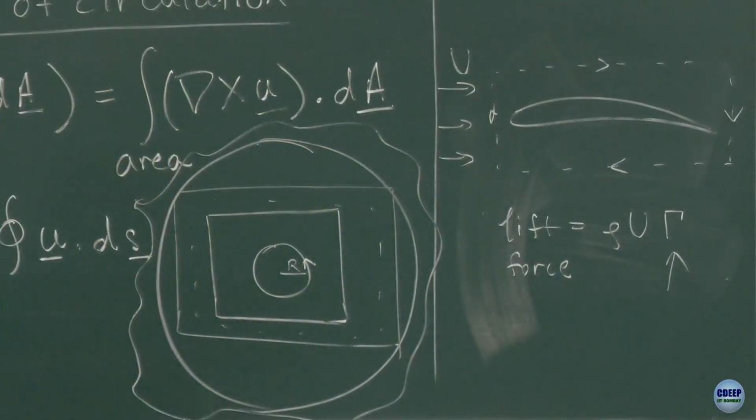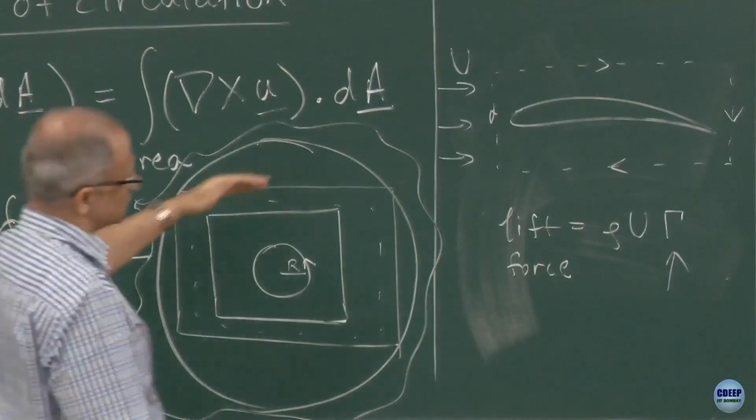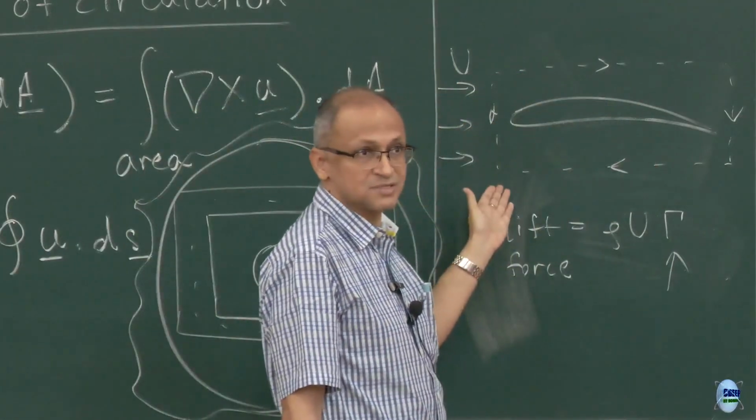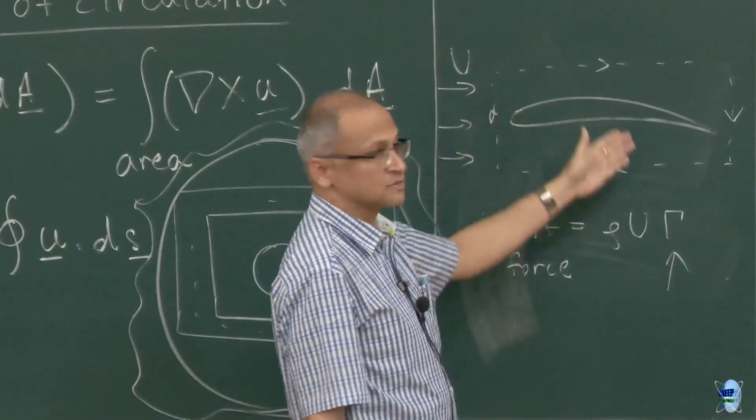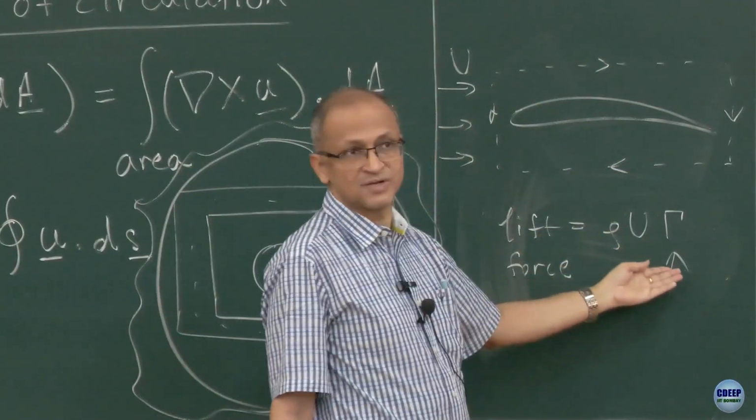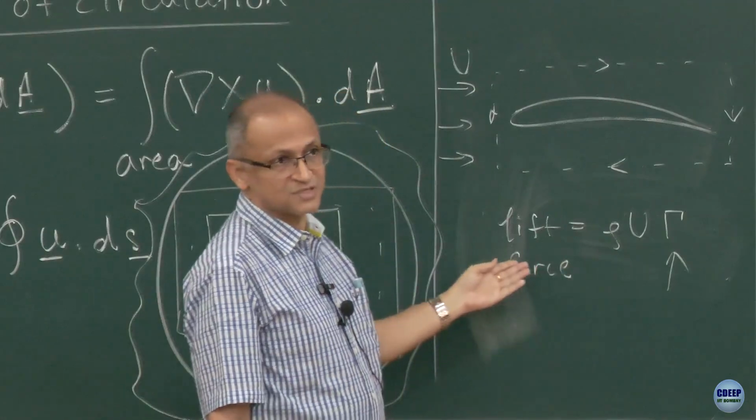But here it is non-zero because the velocity here is much more as compared to the velocity over there, which gives you a net circulation, and that net circulation gives you a net lift, from this expression, which you can derive.